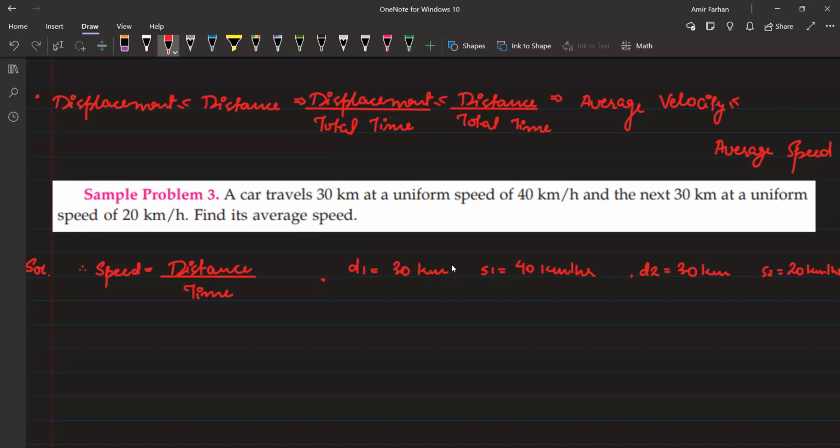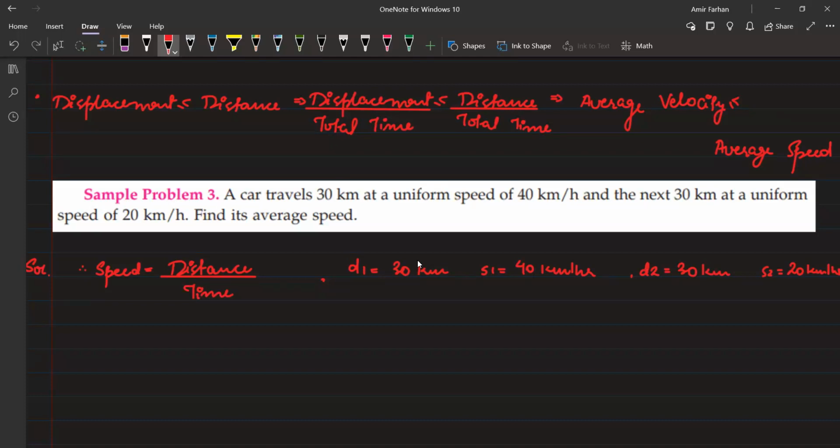I'm repeating the question: these two are the cases, distance is same, speed is different. So will this object take the same amount of time, or a different amount of time to cover this distance with different speed?